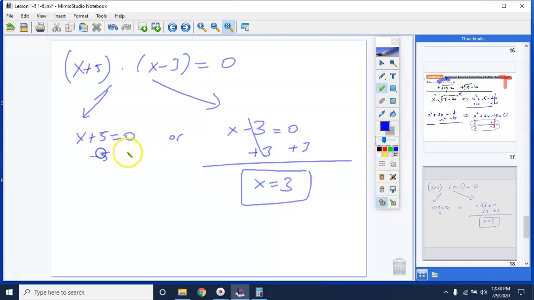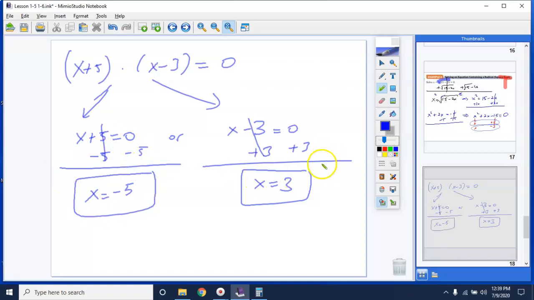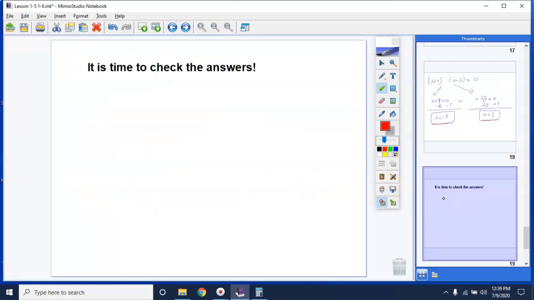And here, minus 5, these two cancel, and x equals negative 5. So we got two answers, negative 5 and 3. But here we are. Check your answers. Check your answers.